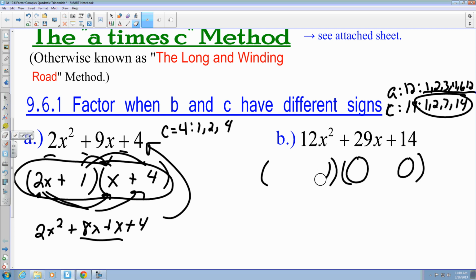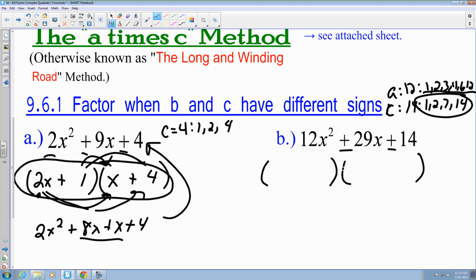Here's what I do when I try to solve these kinds of problems. I really look at what I have for b, and what I have for b is 29x. Since the plus 14 means they're going to be the same sign, the plus 29 means they're both going to be positive. And having a plus 29 means there's going to be a very significant gap when we're adding them together.